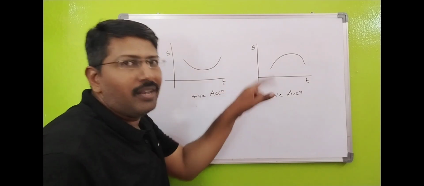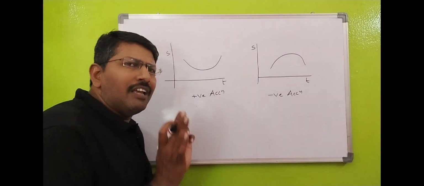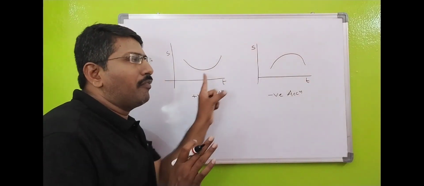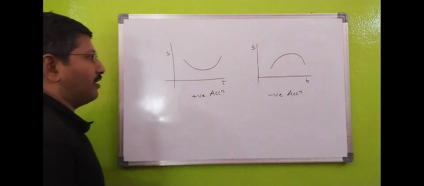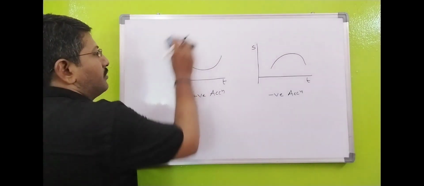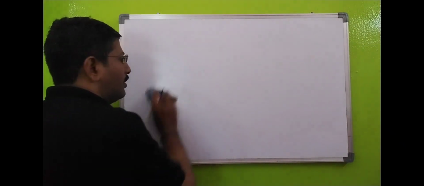Okay, so just remember, anywhere if you get this type of graph, positive, negative. Okay, next, see here. Now you tell, what about this graph?